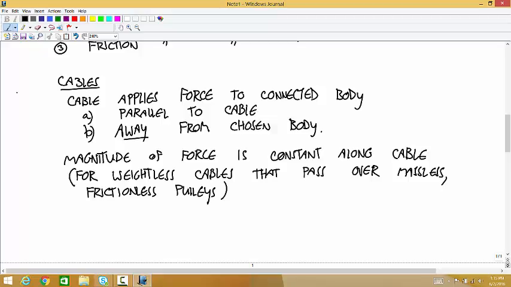Any one of those is a lot to ask. You know, that never actually happens. But those are good approximations in a lot of important problems, because the forces that are due to the weights of the cables and the inertia and the mass of the pulleys is often going to be totally overwhelmed by the other forces involved. And so you can get good results by making these approximations.